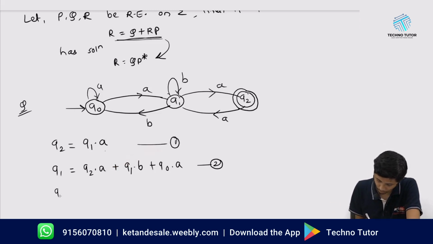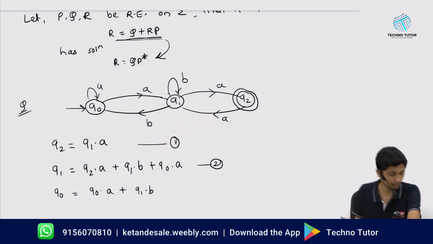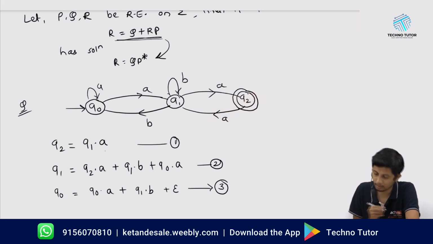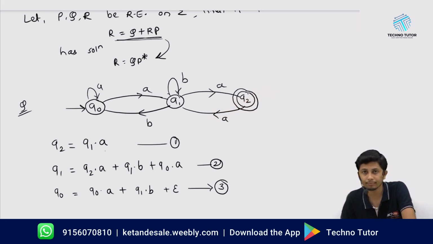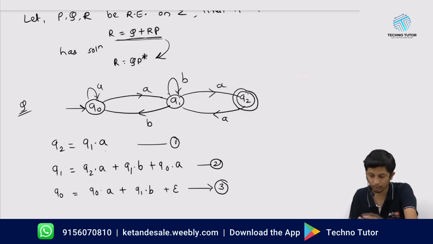And then the expression for Q0 we can also write. Q0 has a self loop on A, so Q0 dot A, plus Q1 dot B. One more term it has is epsilon, because it is the initial state, accepting the null input. So all three expressions for Q0, Q1, Q2 we have received.